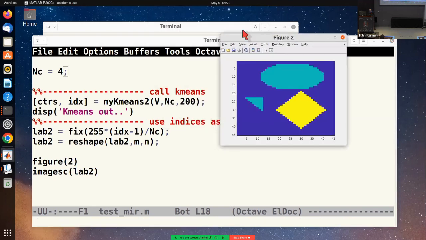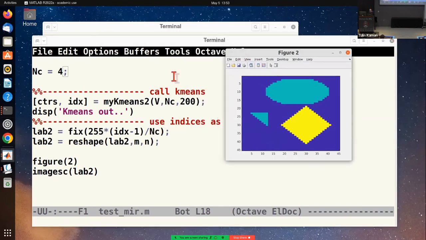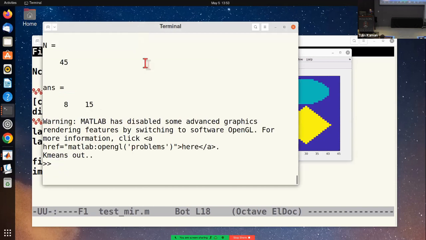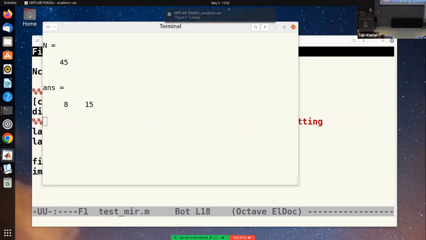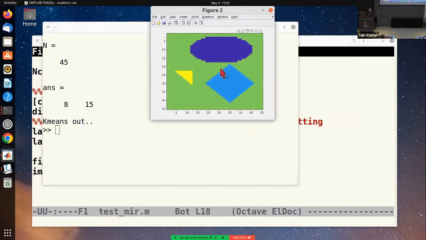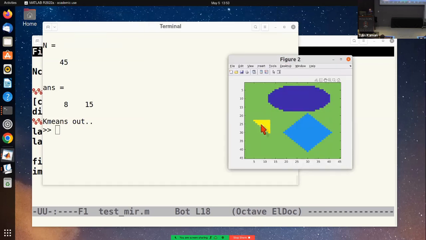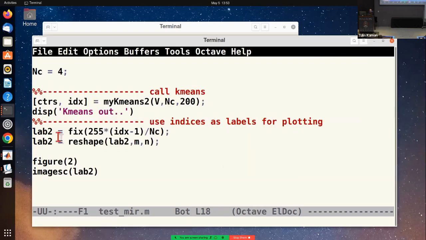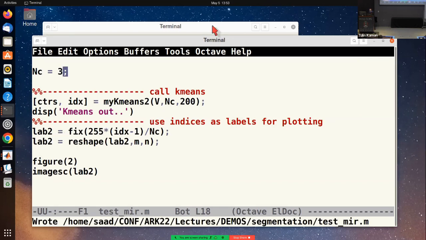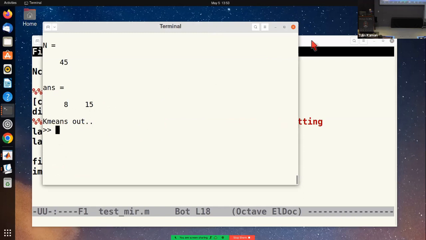Okay, let's look at that. Let's try it again, run it here. Now we see exactly those 4 images. Before I had green, yellow, this light blue and dark blue. But if I say 3, what happens? It should give me one that's the same as the other 2, but I don't think I saw that earlier.